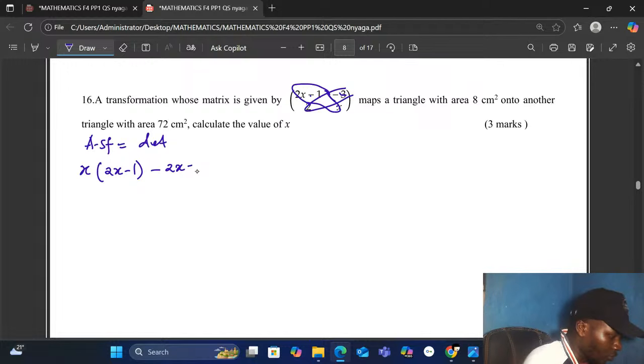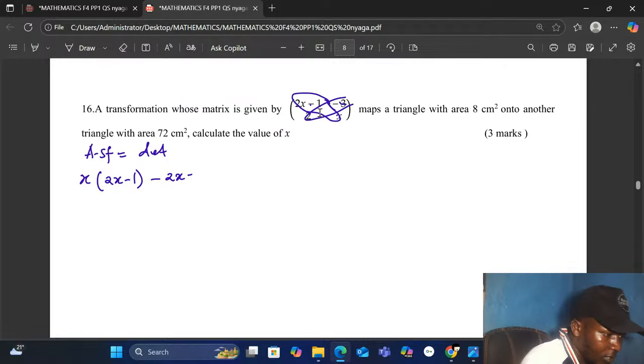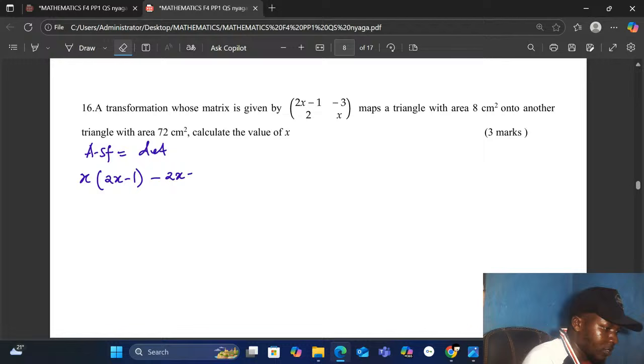Now minus, that is 2, sorry, 2 times negative 3, not 2x. Sorry, let me rub this so that I can see. So we shall have x into 2x minus 1 minus 2 times negative 3, which gives us the area scale factor.